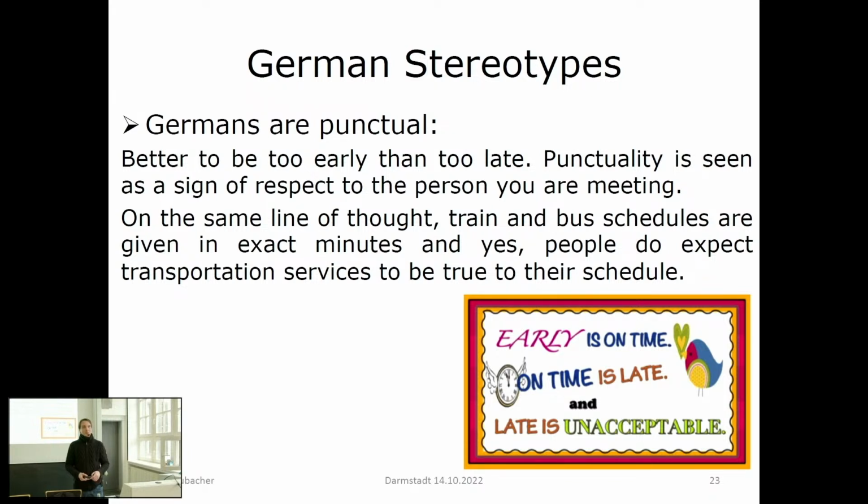Yeah, for example, thanks. I'd agree. Most people are somewhat punctual, but it differs depending on the type of appointment, for example. Fair enough.